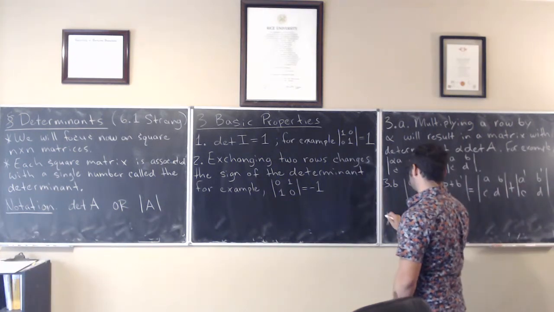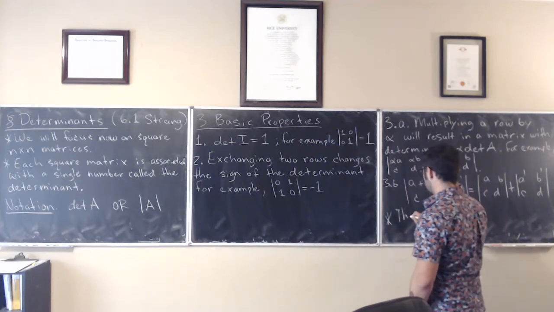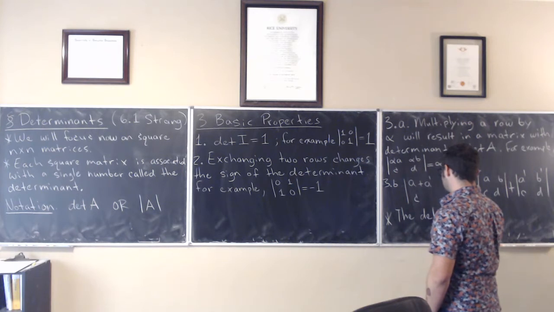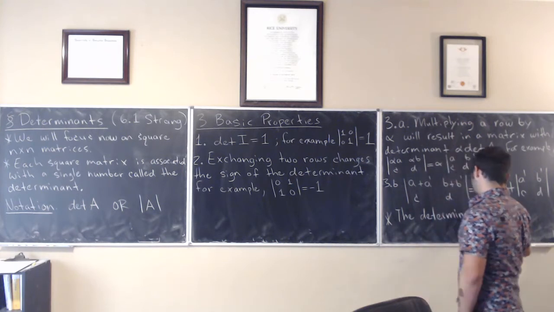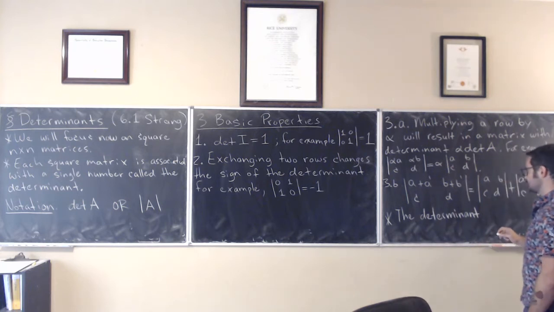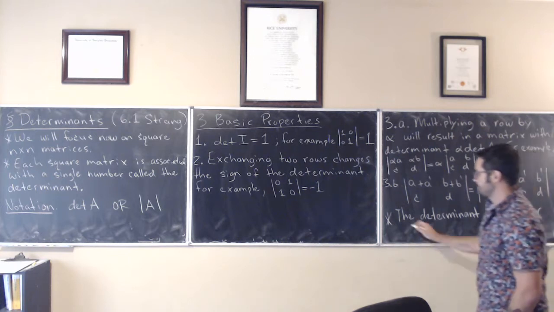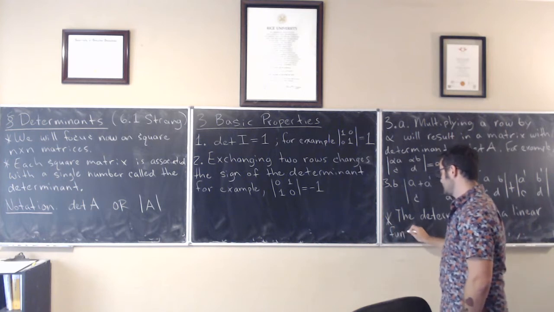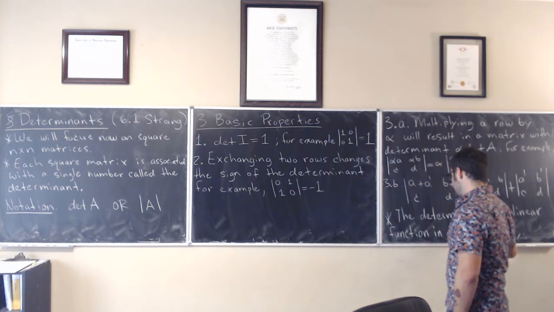Basically, what I'm trying to get at here is that the determinant is a linear function in each row.